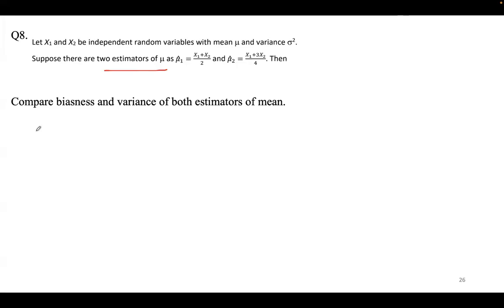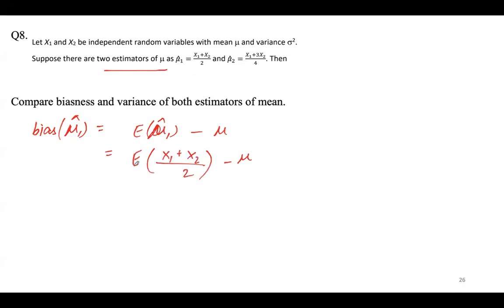First of all, we want to compare the bias of mu1 hat, right? So we had seen that it's going to be the expectation of mu1 hat minus mu, right? So the way we are going to write this is expectation of (X1 plus X2) by 2 minus mu.